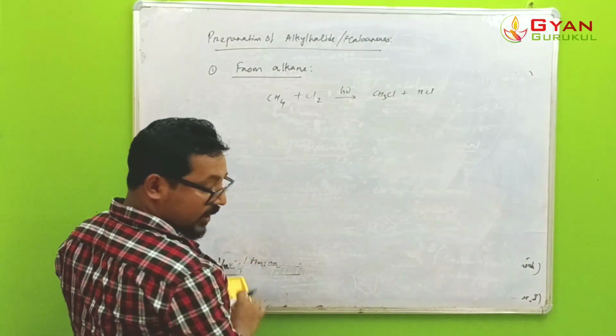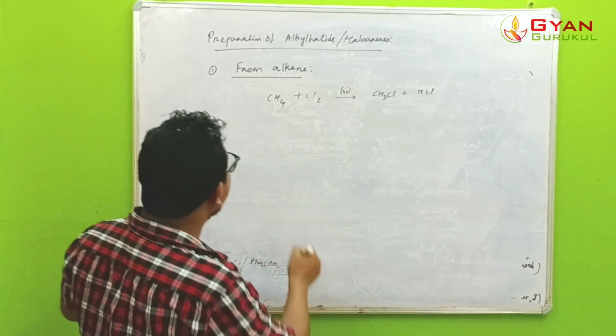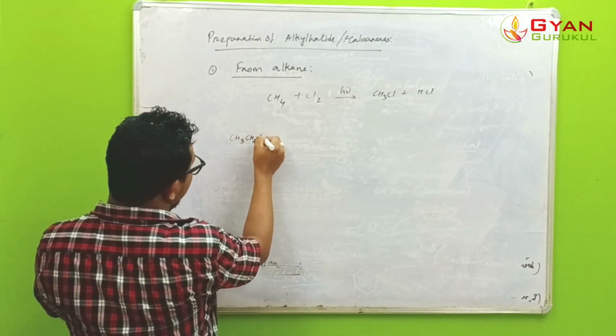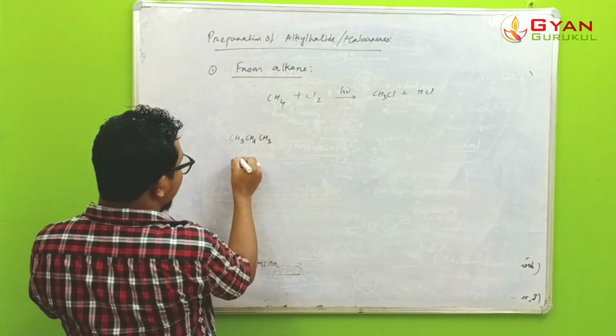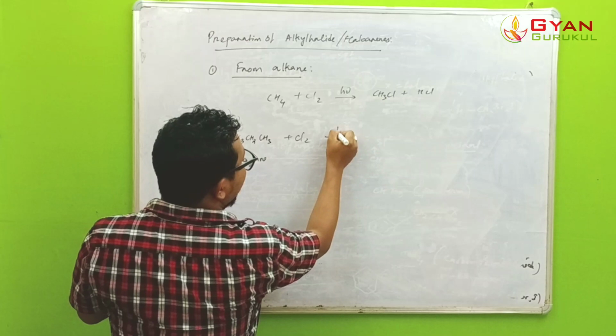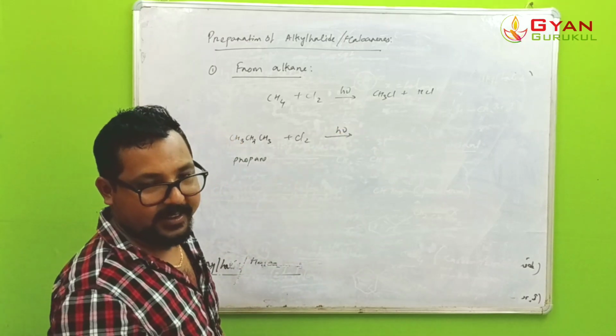Okay, but now suppose I give you CH3CH2CH3, this is what? Propane, plus Cl2 and H nu. Then what happens here?